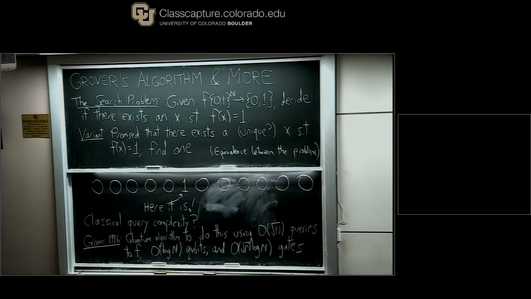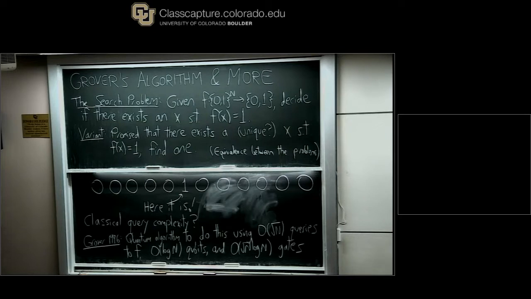So as a first claim, I say that these two variants, the decision version and the search version, are basically equivalent to each other up to low order terms. That is, if we had an algorithm for one, then we could adapt it to solve the other and vice versa. Does anyone see why?